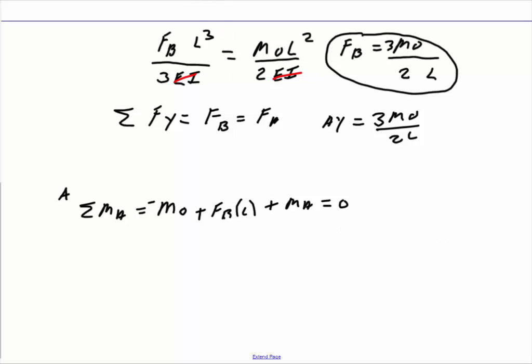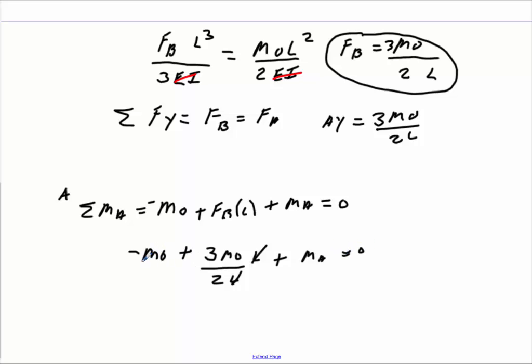Okay, now we have to put everything in. So we got minus MO plus FB. We said FB was right here, was 3MO over 2L times my L here. My L's cancel out here. Plus MA is equal to 0.